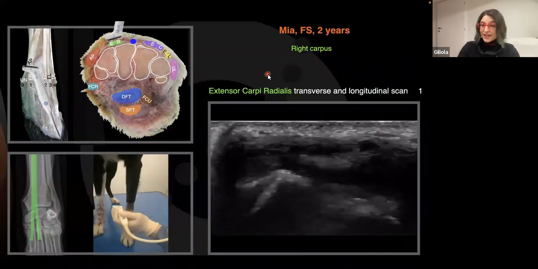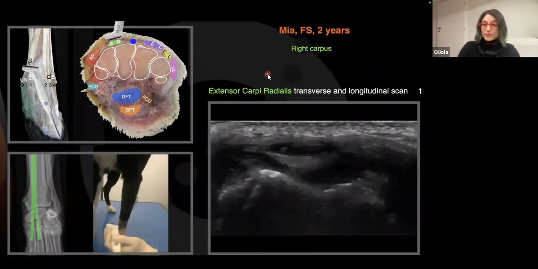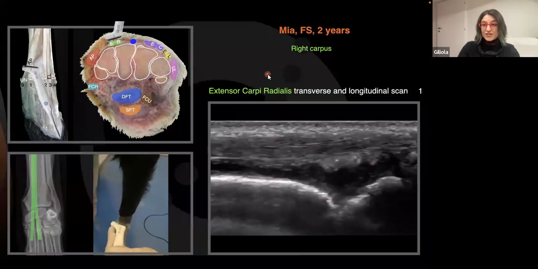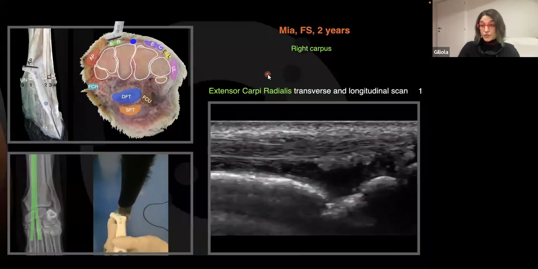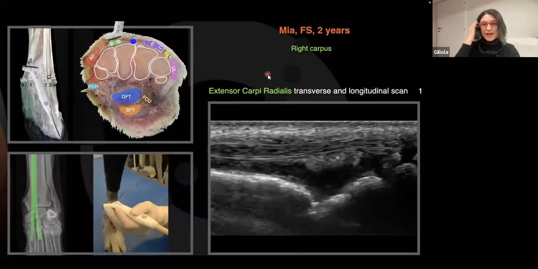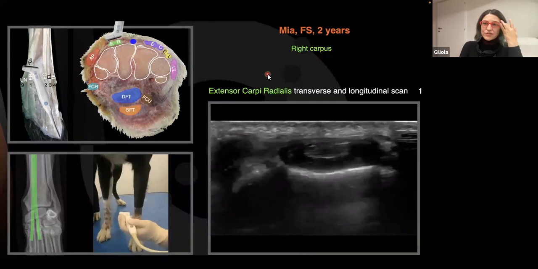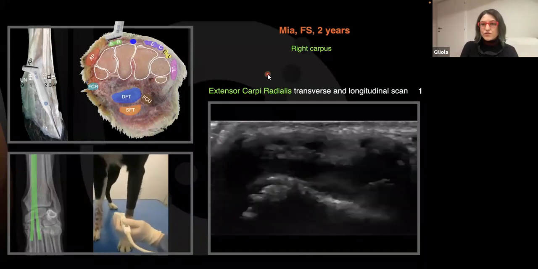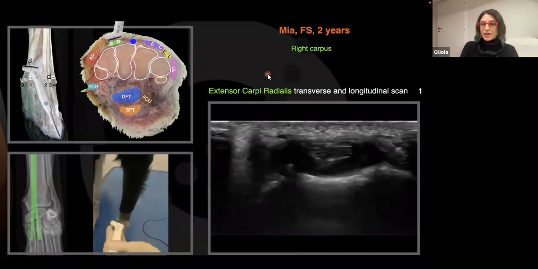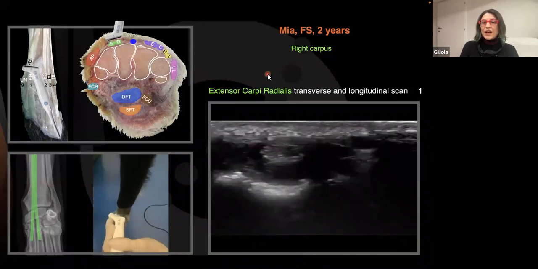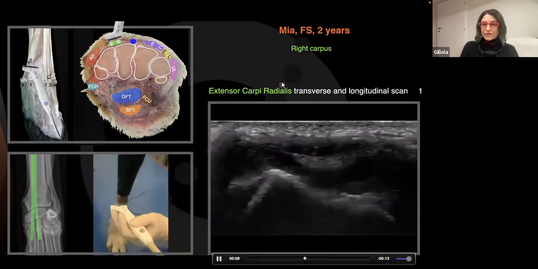And then we have pain in the right carpus, and we start to see changes because the dog, to avoid putting too much weight on the right elbow, is putting a lot of weight on the right carpus. And most of the time, due to the pressure overload, you will start to have carpal disease, and we can also have tendonitis.